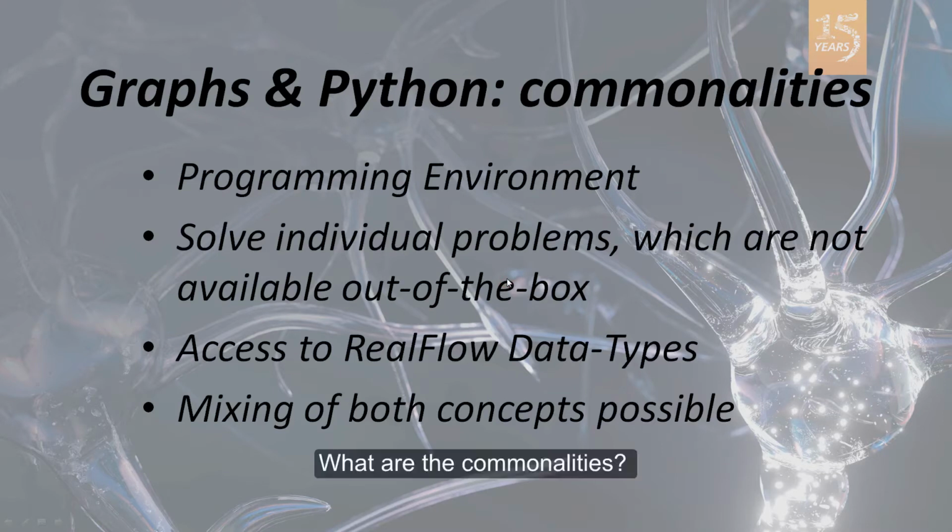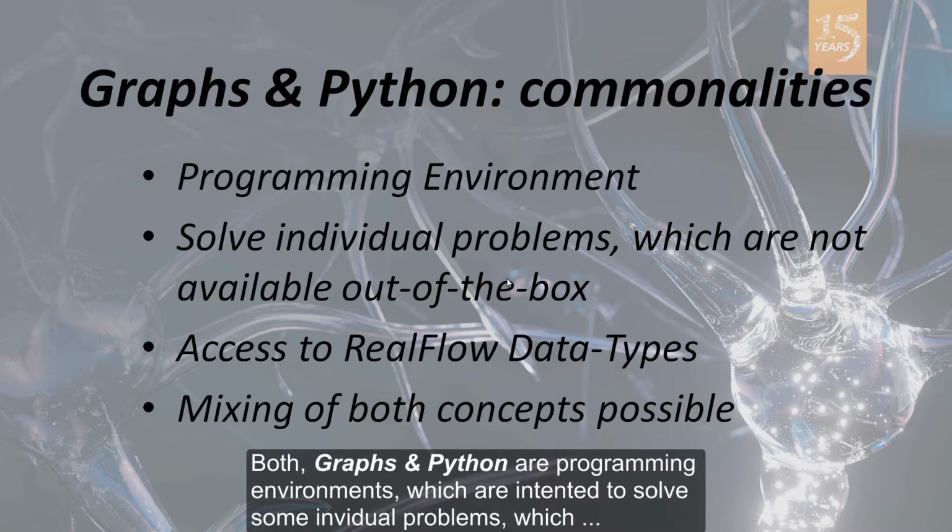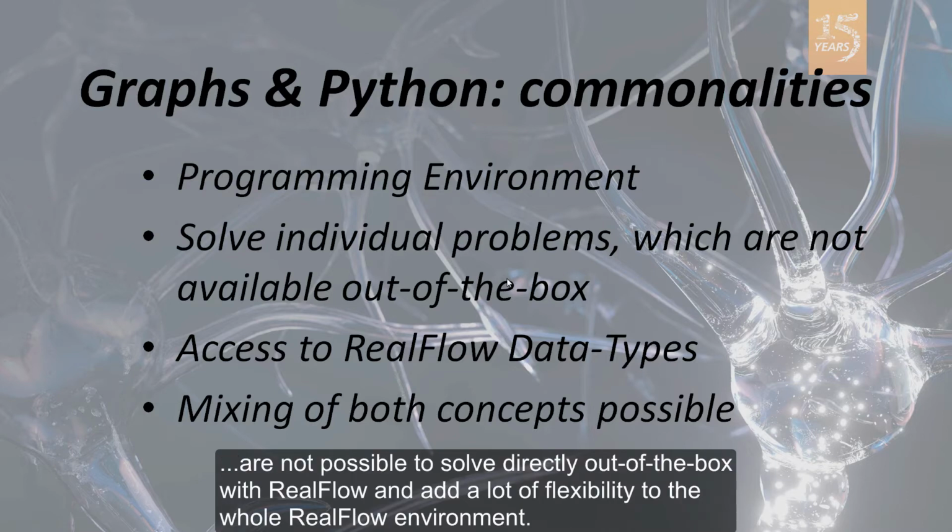So, what are the commonalities? Both graphs and Python are programming environments, and they're intended to solve individual problems which are not possible to solve directly out of the box within RealFlow, and we think that adds a lot of flexibility to the whole RealFlow environment.